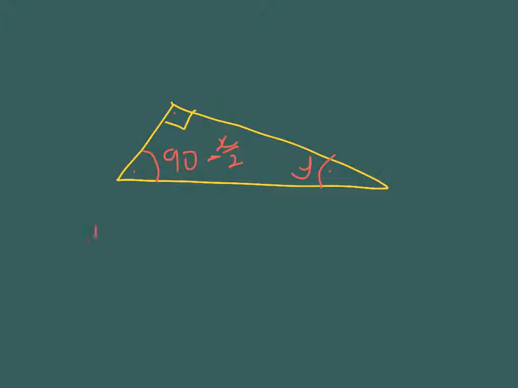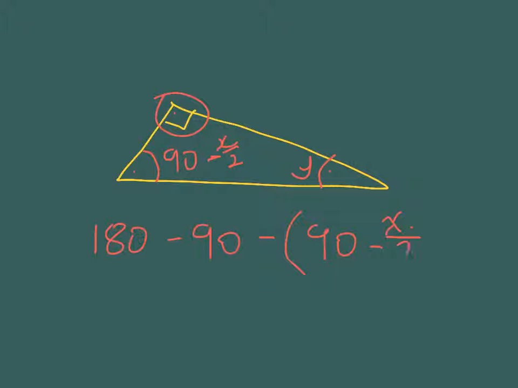So if we go 180, which is all the angles added up, minus 90, which is the right angle, minus, and then I'll put it in brackets, 90 minus x over 2, that will equal y, because the 90 here is the right angle, and this here is the other angle we worked out in the previous question.